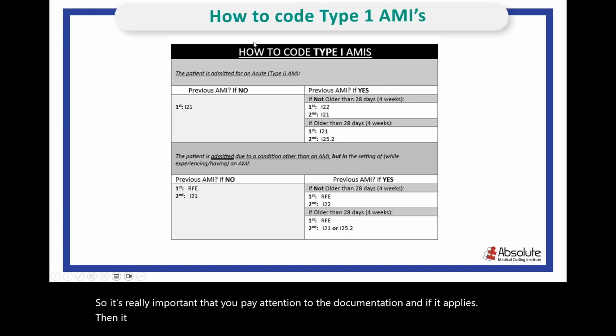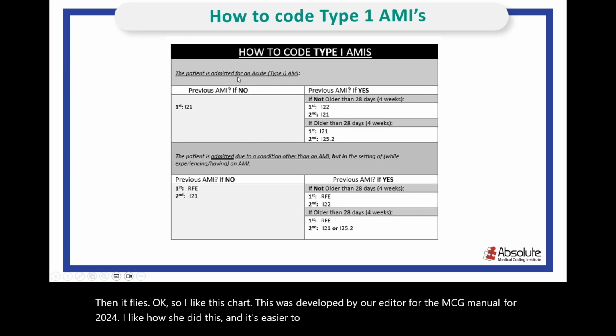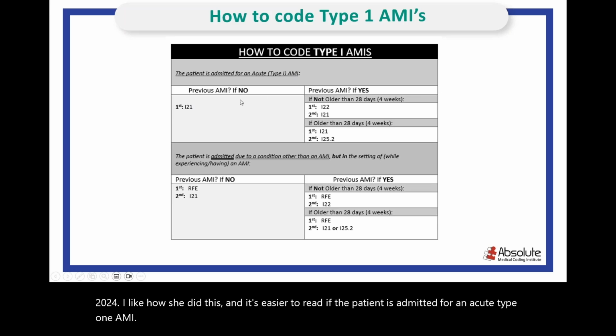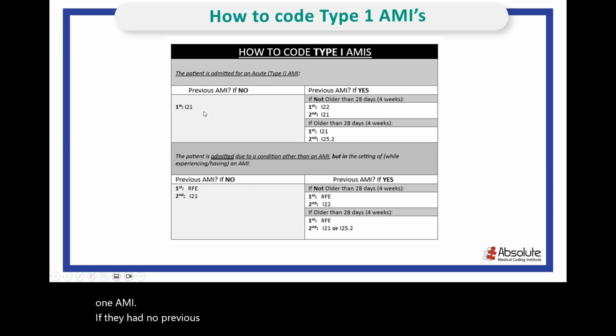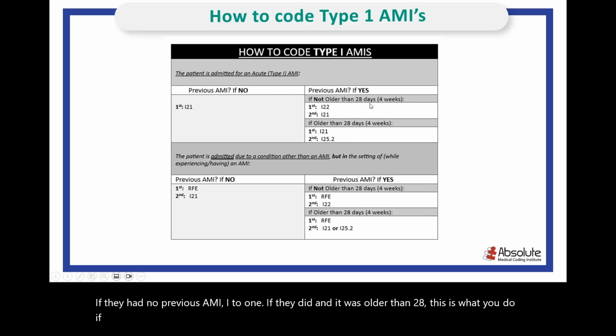Okay, so I like this chart. This was developed by our editor for the MCG manual for 2024. I like how she did this, and it's easier to read. If the patient is admitted for an acute type 1 AMI, if they had no previous AMI, I21. If they did and it was older than 28 days, this is what you do. If it was not older than 28 days, 4 weeks or less, this is what you do.